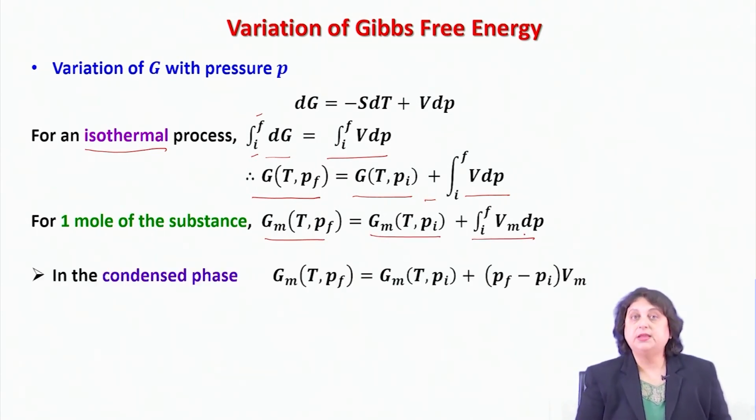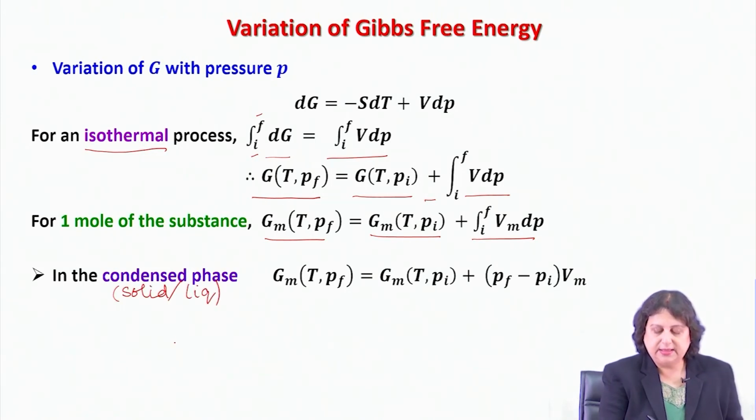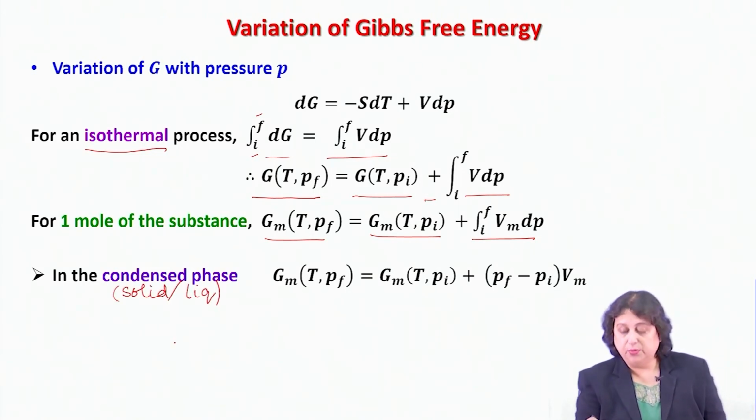Now, if I am in the condensed phase, that is, if I am either in the solid or liquid phase, in that case, I know that the molar volume is nearly independent of the pressure because these phases are highly incompressible.